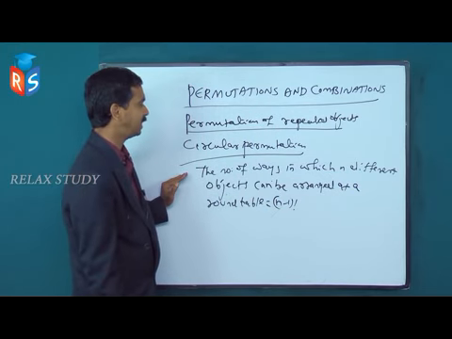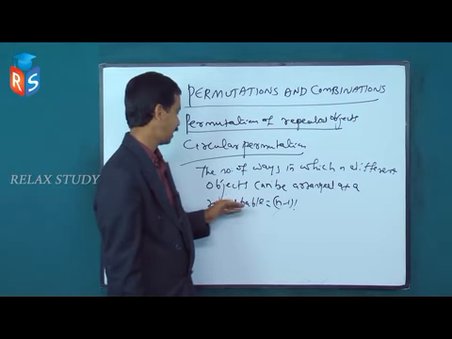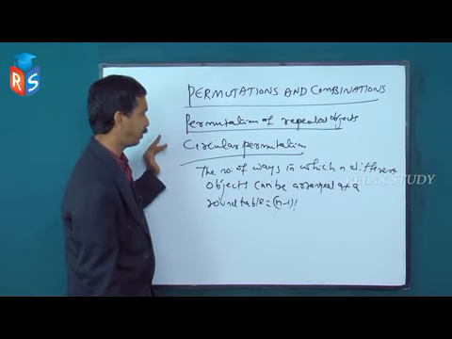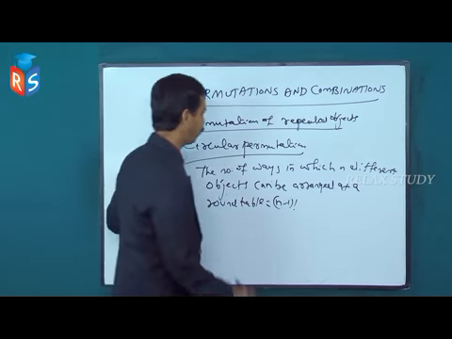The number of ways in which n different objects can be arranged at a round table, that is circular permutation, equals n minus 1 factorial.